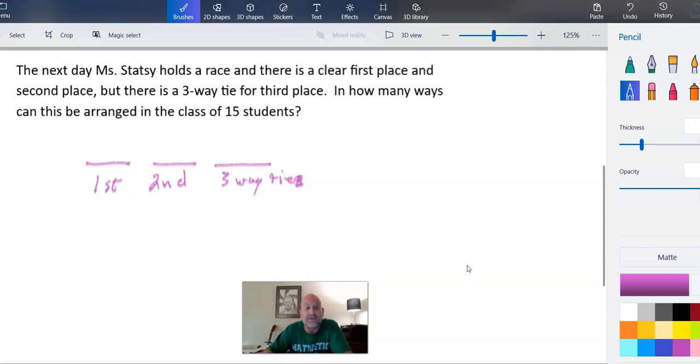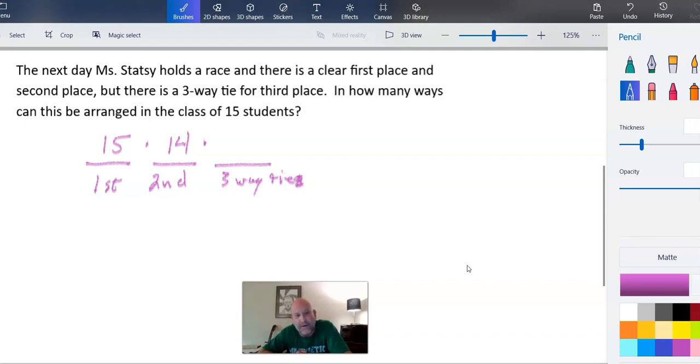Okay, so there's 15 choices for first place, right? No problem there. If I choose something for first place, there are 14 choices for second place. Okay, so those are clearly going to be multiplied.